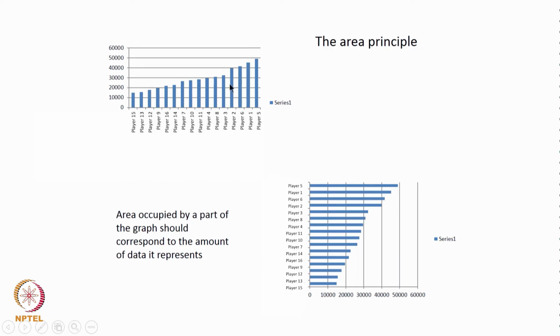Now, this is a vertical bar chart, this is a horizontal bar chart. We also often have this question: should I represent something as a horizontal bar chart or as a vertical bar chart? There are only two issues, and we explain that using the same bar.